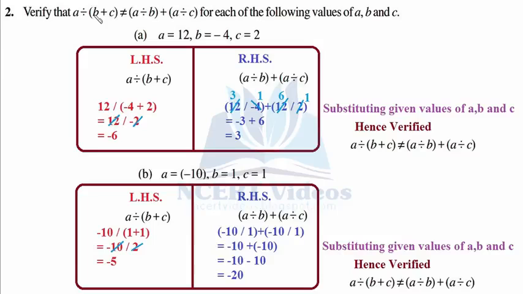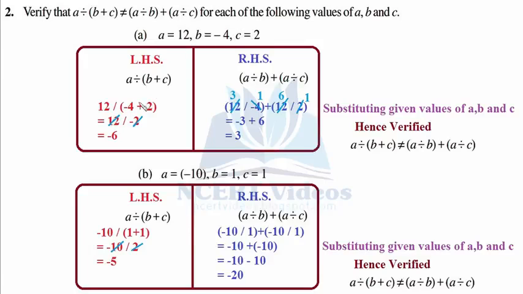So what we are doing here is taking the values of A, B and C and putting them in this equation. This is your left hand side and this is your right hand side, as we did in previous questions. Putting the values here, first taking this thing, A is 12, therefore writing 12 divided by, solving this bracket, that is B plus C, B is minus 4, C is 2.